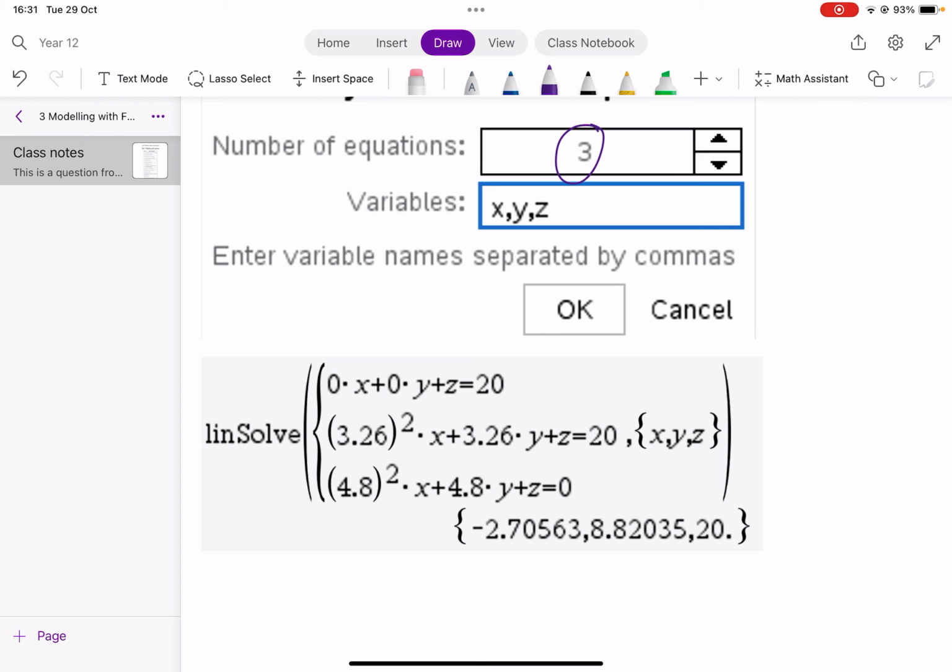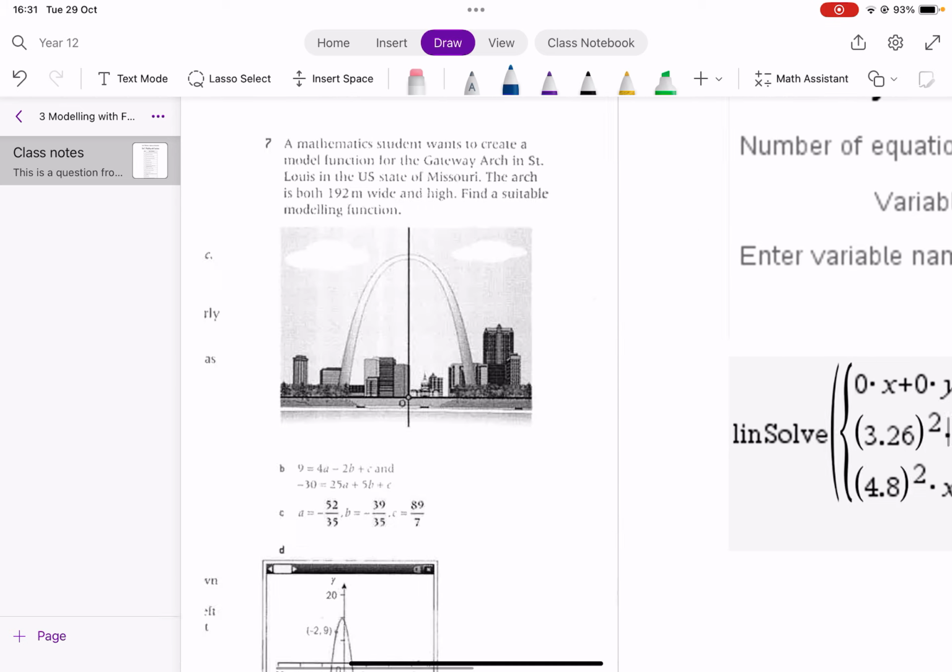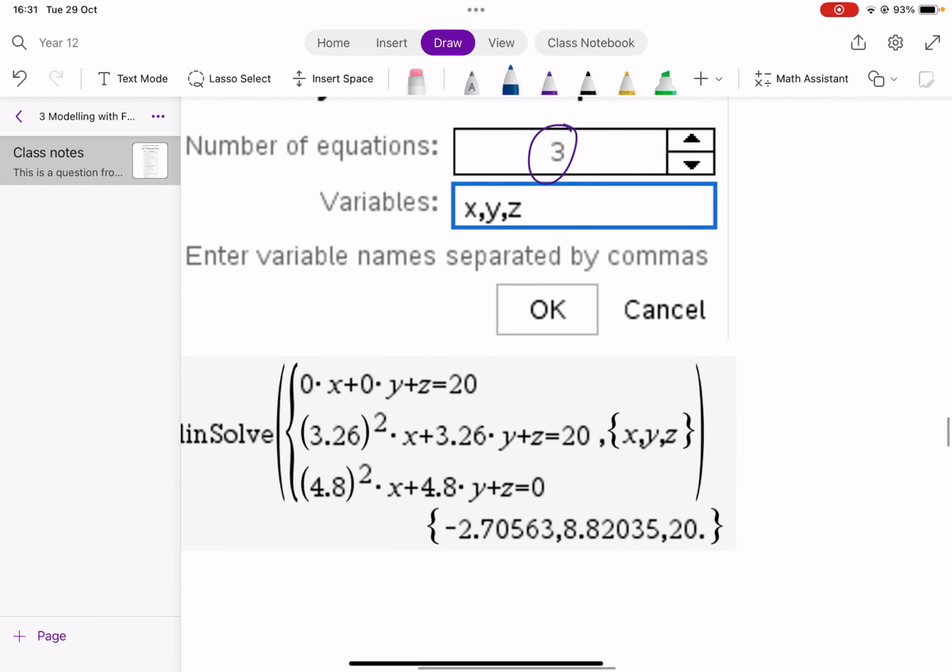Obviously I'm using X, Y, and Z here. I guess I could have changed these to A, B, and C. Maybe that would have been nicer. But I think we're probably all pretty happy just dealing with X, Y, and Z. So you can see I've typed in the 3 equations. Hopefully they're exactly as I wrote them, aside from the A, B's, and C's. And this gives me the answer.